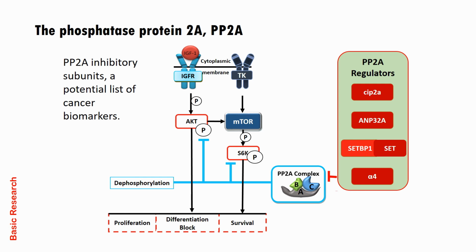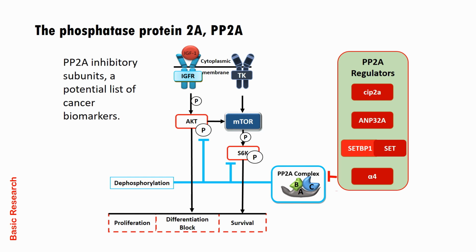Now, our group has been studying a particular phosphatase, protein phosphatase 2A, PP2A. PP2A is a phosphatase complex made up of three subunits. You have the A structural subunit, then the B, which is a regulatory subunit, and the C subunit, which is the catalytic subunit. This complex is directed towards specific targets.